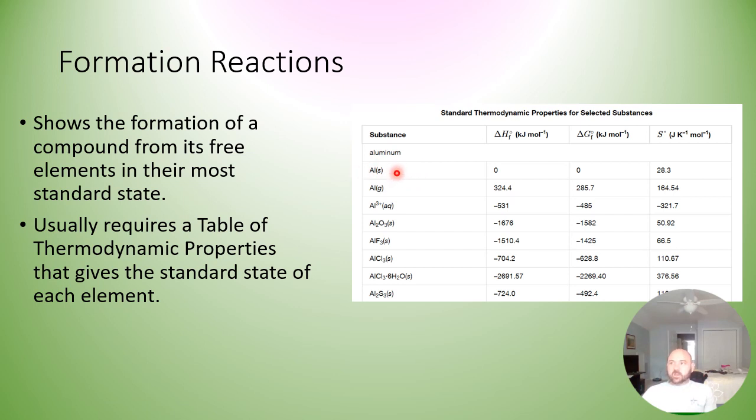So we can see that aluminum's standard state is just solid aluminum, because that's how aluminum tends to exist by itself on planet Earth. And that goes for a lot of your metals. Most of your metals exist as just metallic solids. But again, we have to consult the thermodynamic tables to be certain of what the standard state is for the element we want to write a formation reaction with.